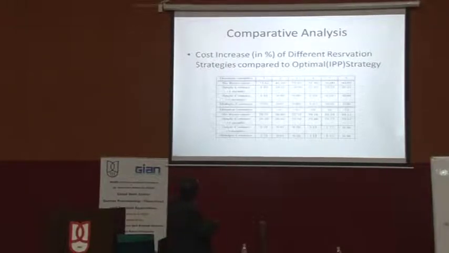Now, in percentage, the increasing cost of different types of reservation strategies, again compared with optimal, you can see that no reservation for 1 month is about 24, for 2 months almost double, and for 6 months it goes to 60.